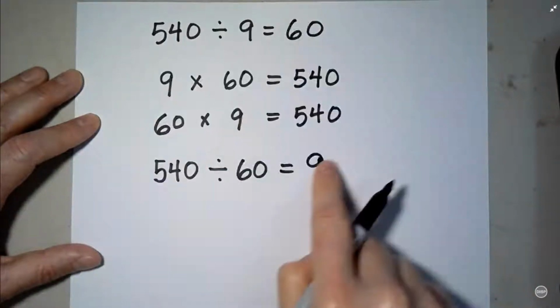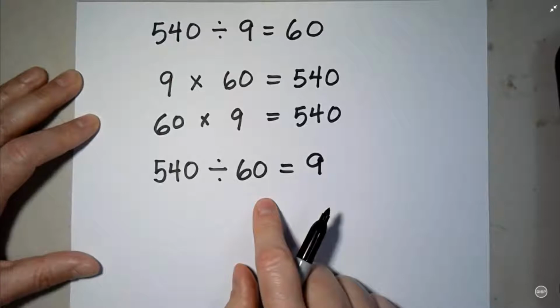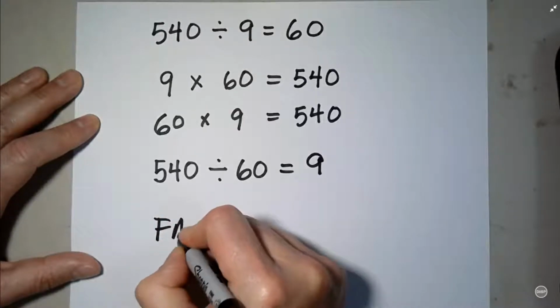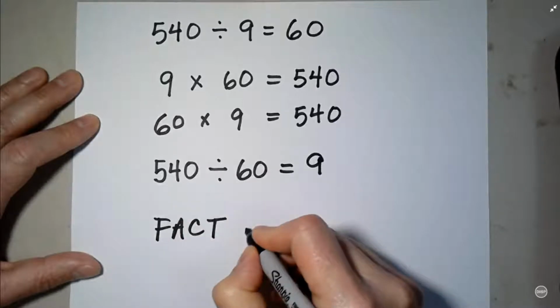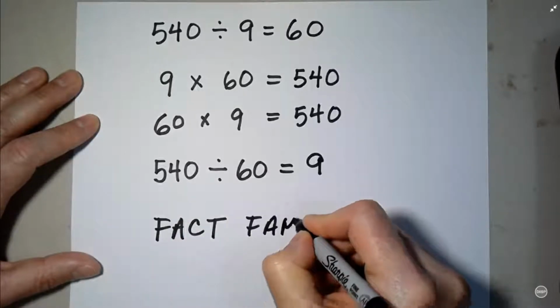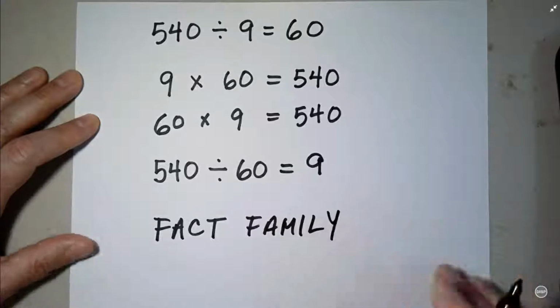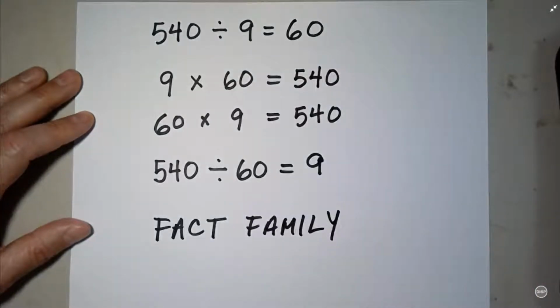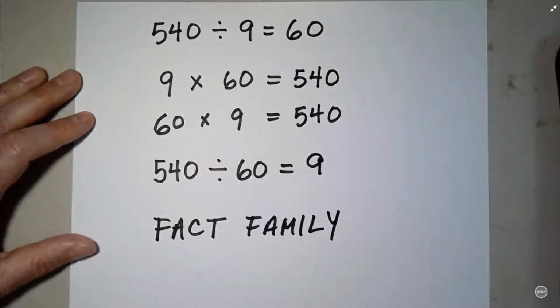And if we look at this big picture right here, what we see is a fact family. Okay, and this is an important relationship between division and multiplication that is really going to come into play when we start solving more division problems.